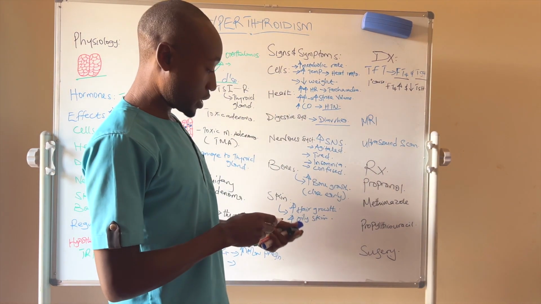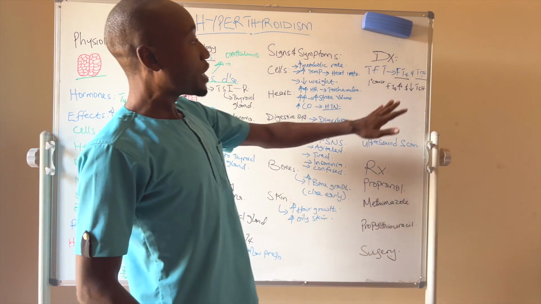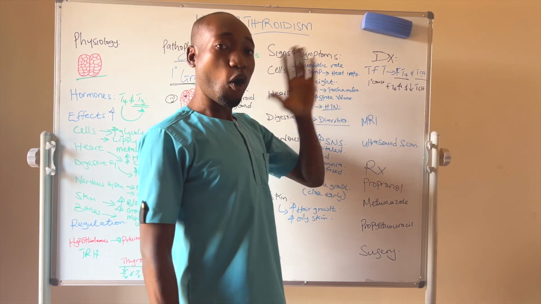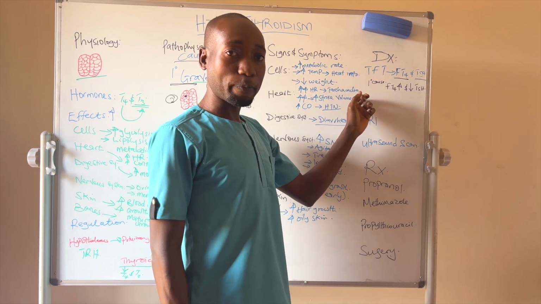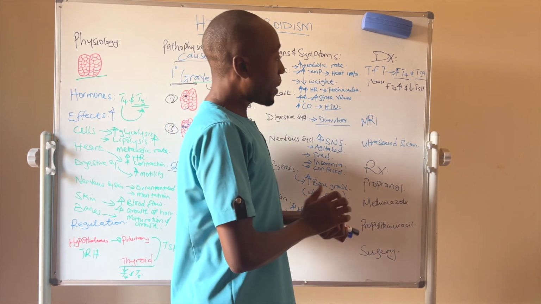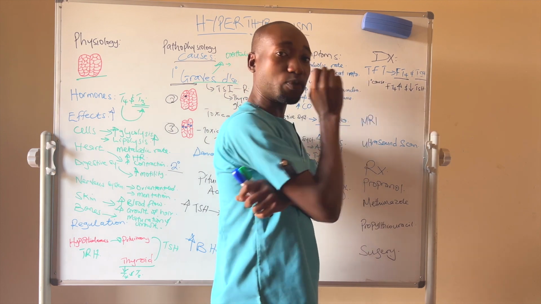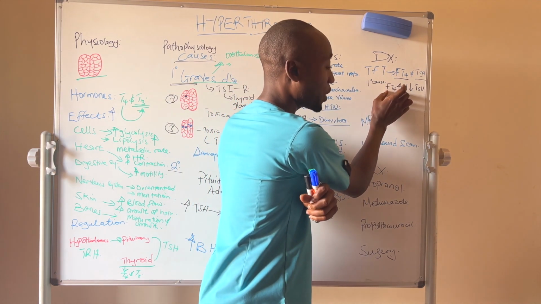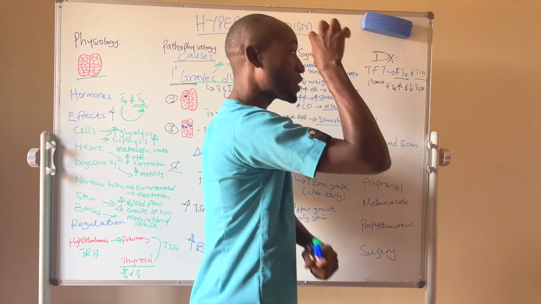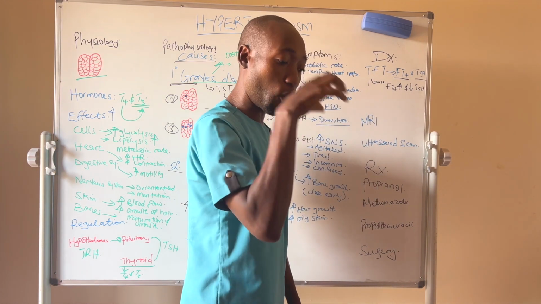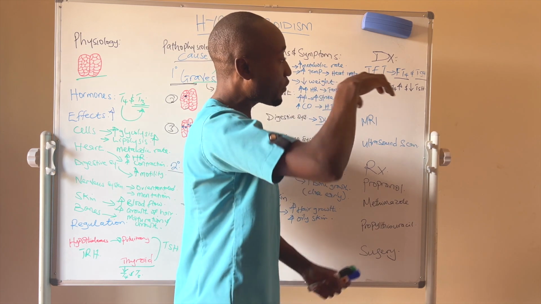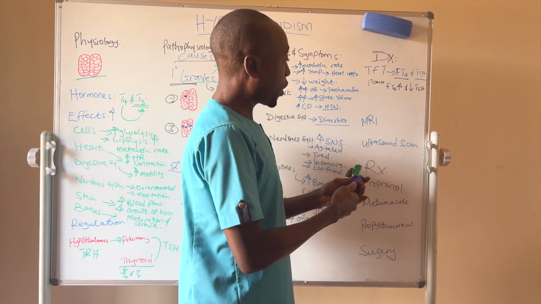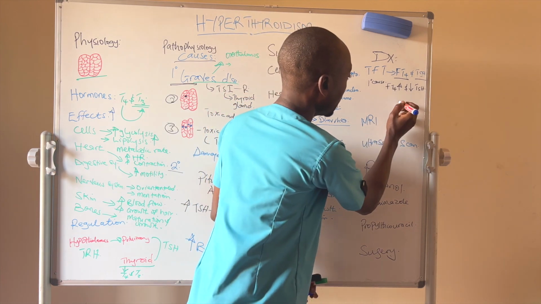Let me repeat this once again. I'm saying this helps us identify if it is a primary cause or a secondary cause. How? In primary causes, we said the problem is with the thyroid gland. Therefore, people with a problem with the thyroid gland are going to produce a lot of free T4 hormone. Because of what we call negative feedback, the information is going to go back, okay?